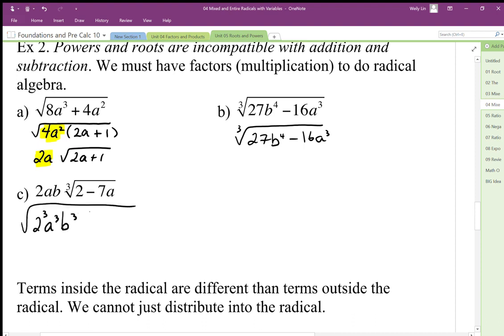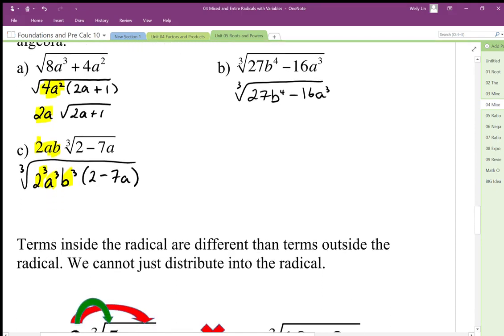So going from outside to inside, we're going to apply the cube to it. But when we do that, we can only introduce it as multiplication. Well, if it's multiplication, it's got to multiply everything inside as a factor. So we need to group the plus and minus on the inside together and make it a factor.